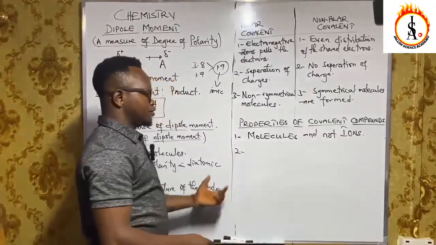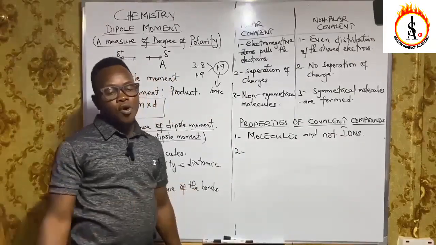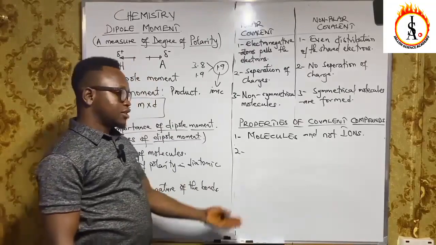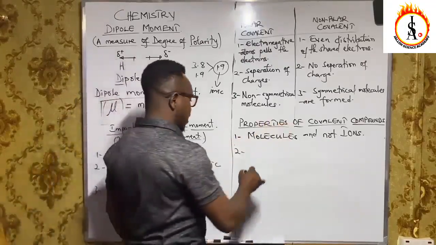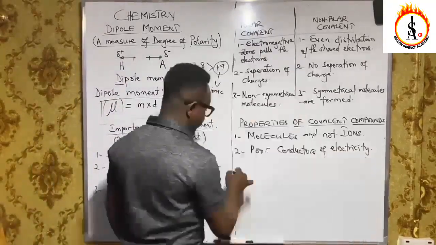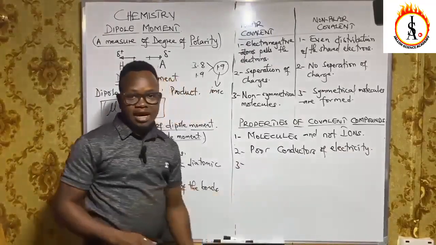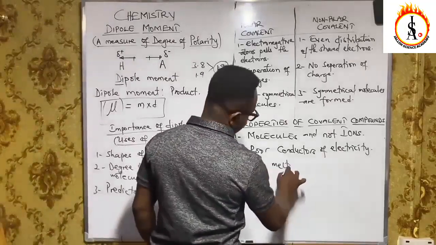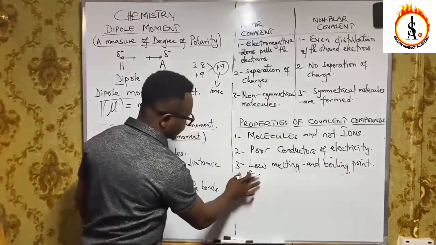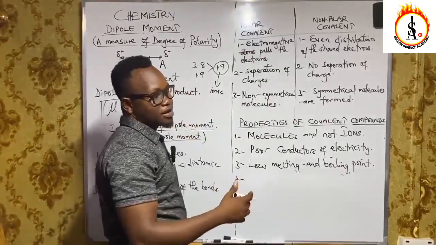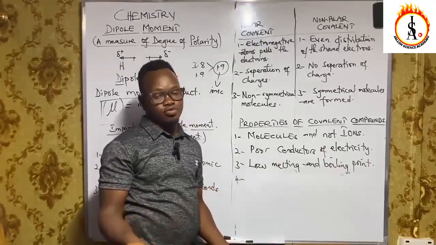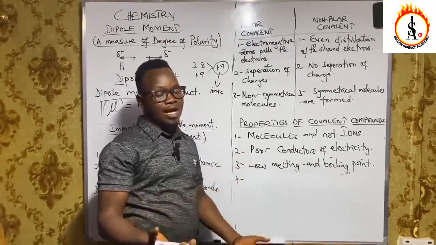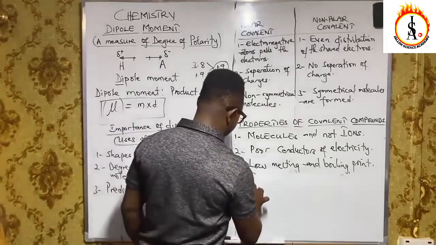Two, covalent compounds are poor conductors of electricity because they are molecules and they don't form ions. Three, they have a low melting and boiling point. Four, covalent compounds are generally insoluble in polar substances.